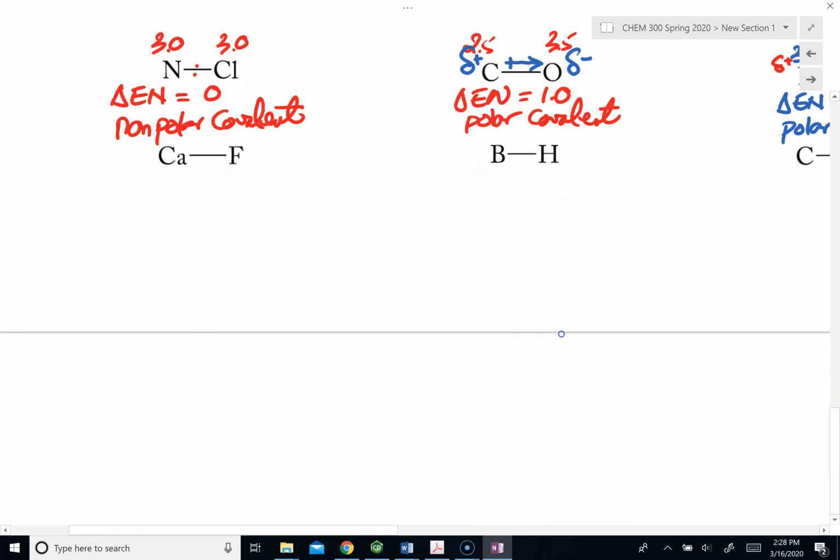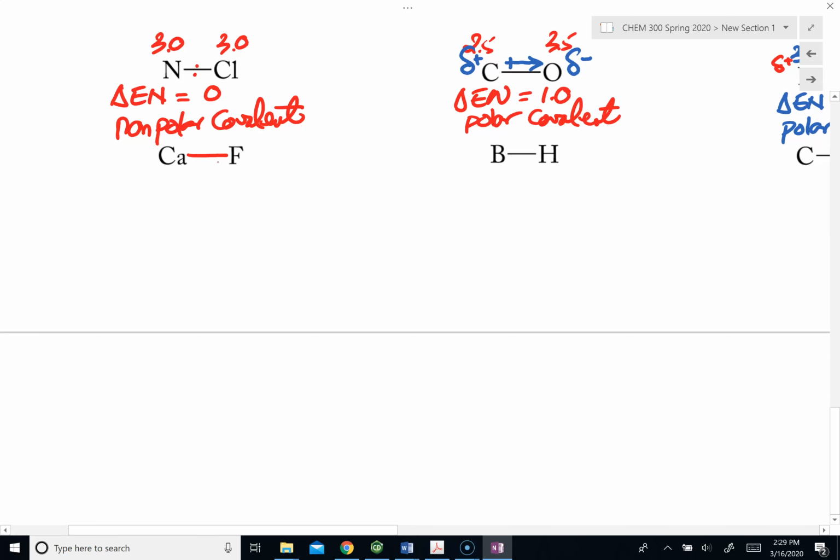So moving on to another example, the bond between calcium and fluorine. In this case, the line that I'm drawing right now simply is to show the bond between these two atoms. Normally, we do not draw this bond as a line, because a lot of the time the bond between these two atoms is actually not a covalent bond.